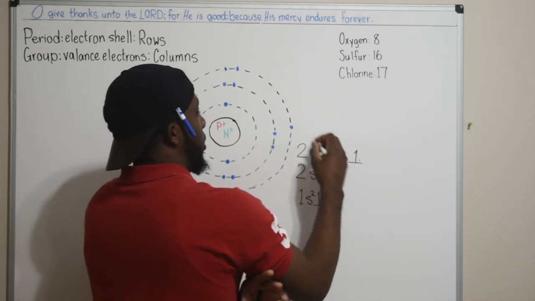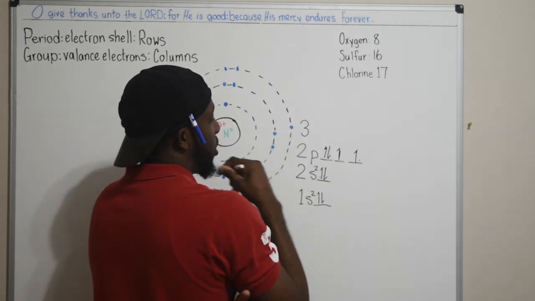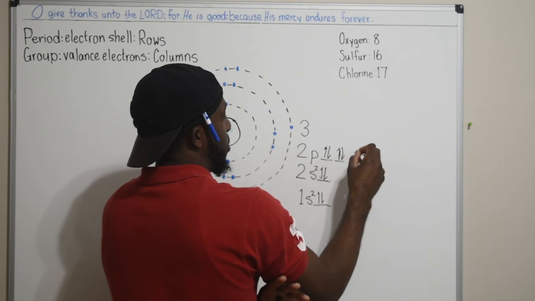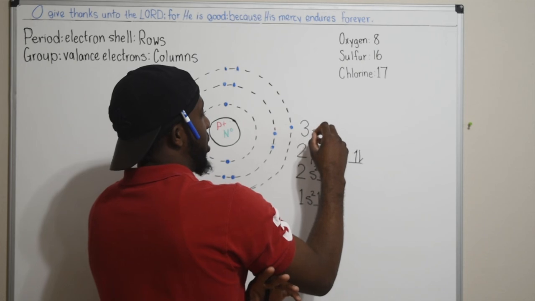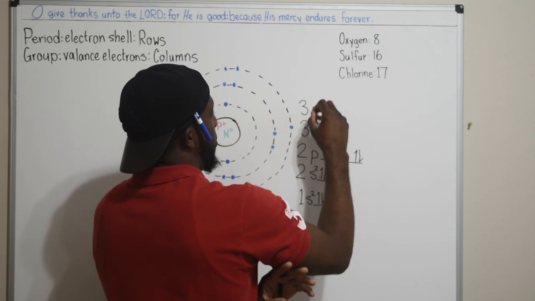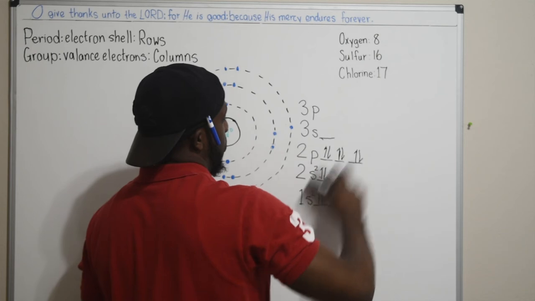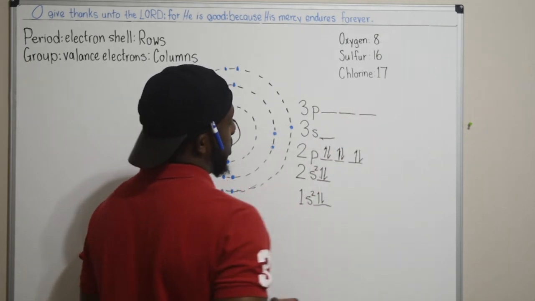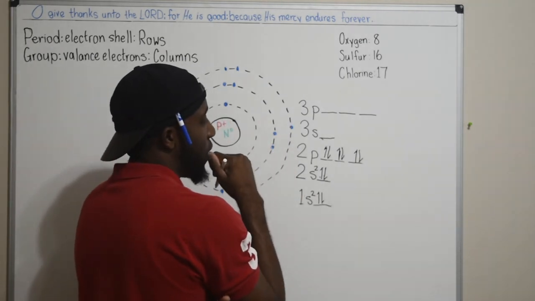All right, now let's look at sulfur. So sulfur is on the 3rd energy level. So I'm just gonna go ahead and put a 3 right there. And we have, so we filled the 2nd energy level. And so we got a 3s right here and a 3p. Oh, I keep on drawing that wrong. Okay, so with sulfur, we have 16 electrons in total.